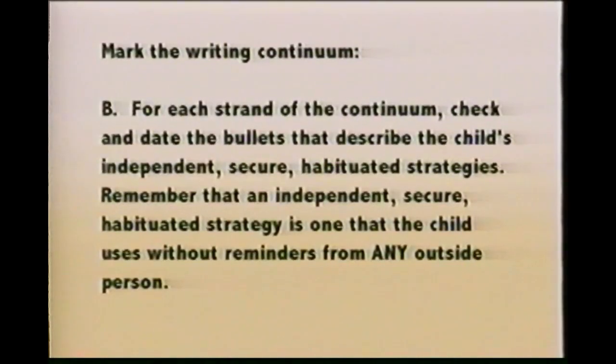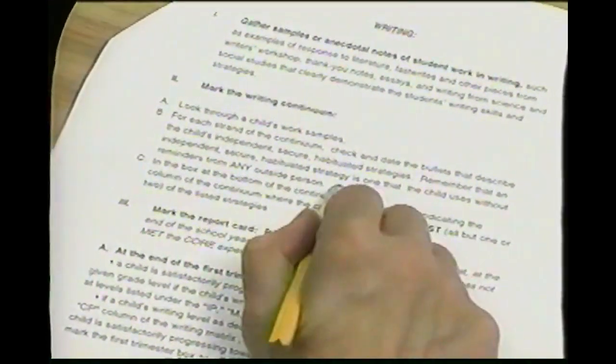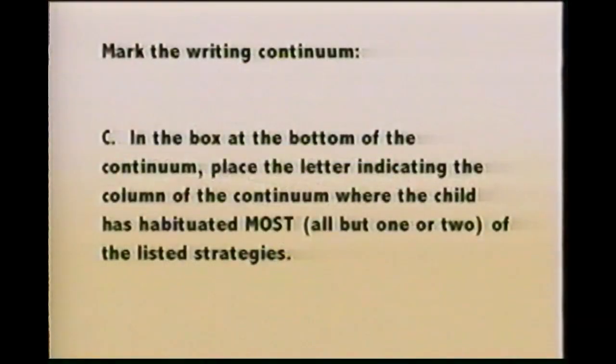Remember that an independent, secure, habituated strategy is one that the child uses without reminders from any outside person. So, let's read the last direction before I get started. In the box at the bottom of the continuum, place the letter indicating the column of the continuum where the child has habituated most, all but one or two of the listed strategies.